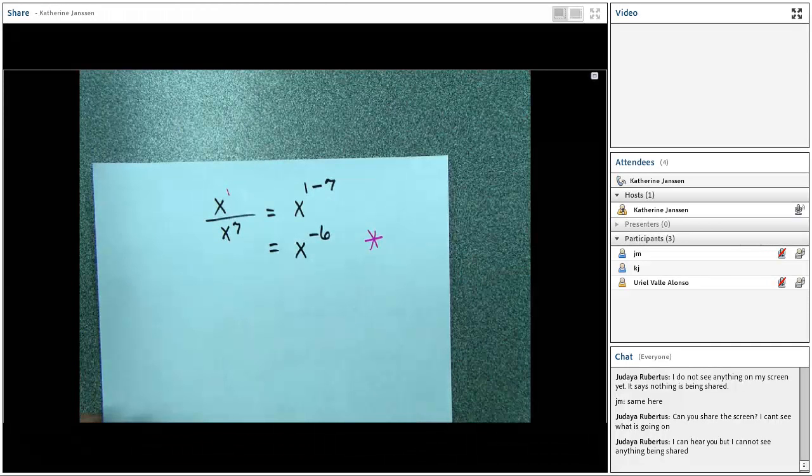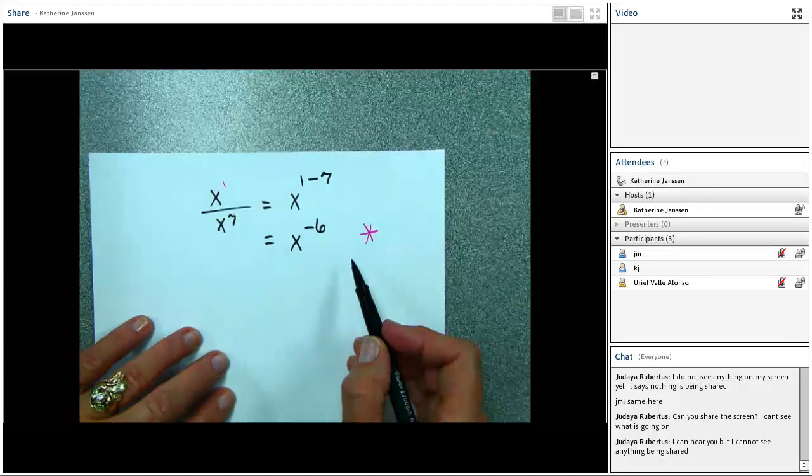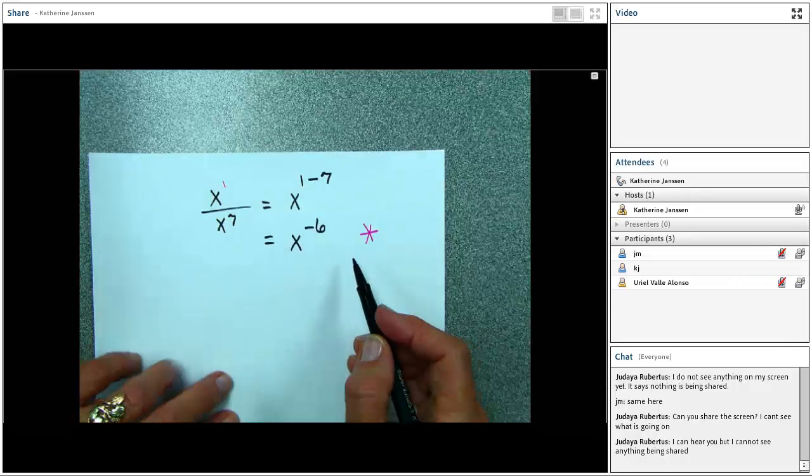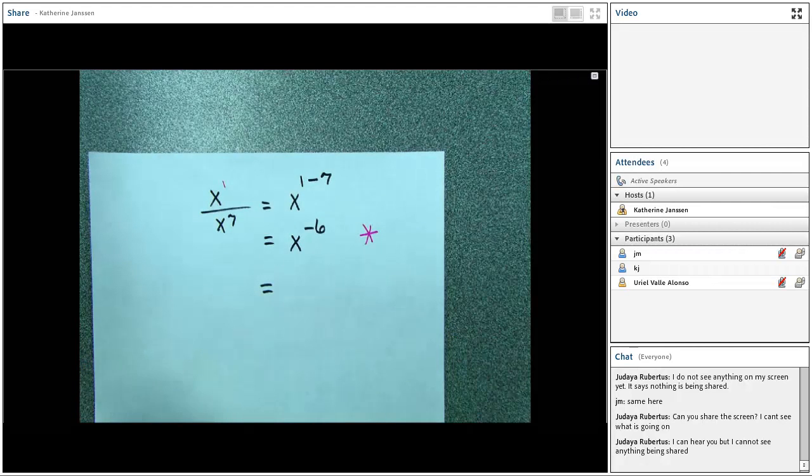Now a note about My Math Lab for your homework and testing: most often, My Math Lab will say, show your final answer using only positive exponents. So we're not quite ready to circle our answer.